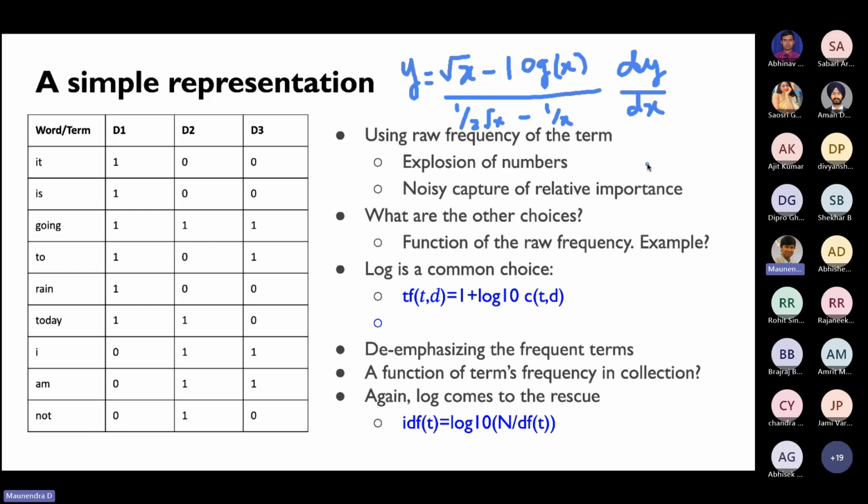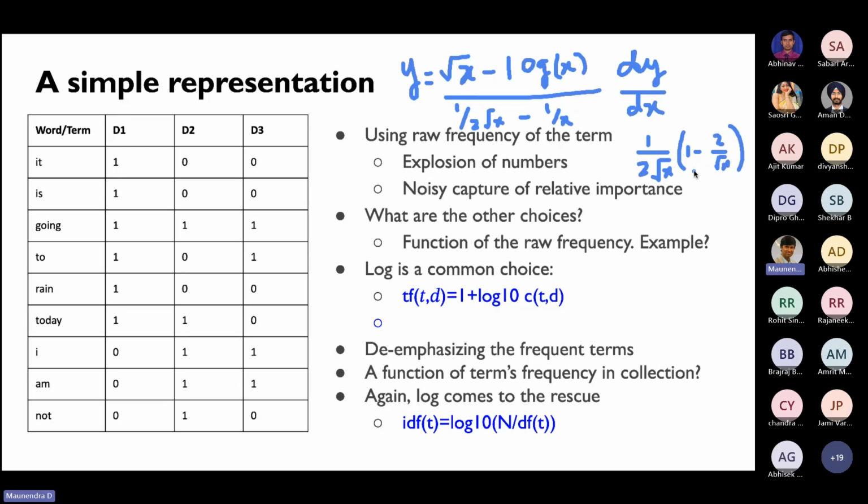Now you can do some simplification, as 1 by 2 root x can be taken out here, leaving 1 minus 1 by root x. After some point of time, x is larger than 4, so root x is larger than 2.